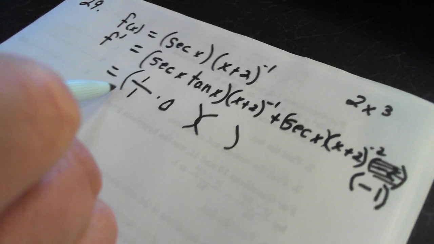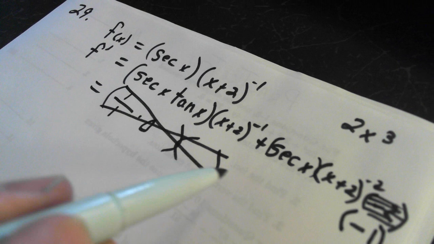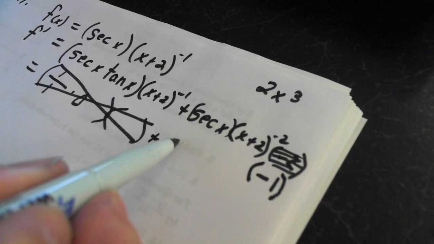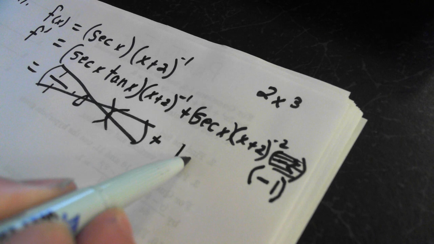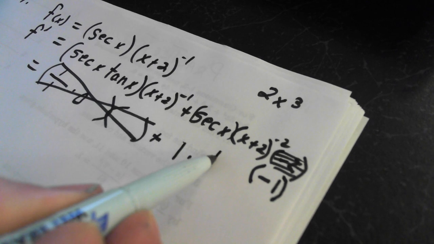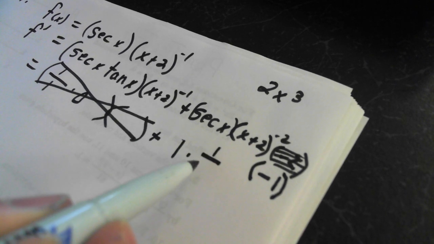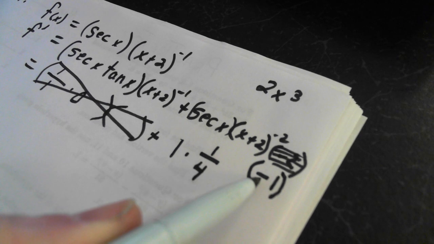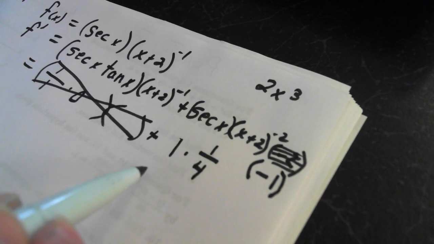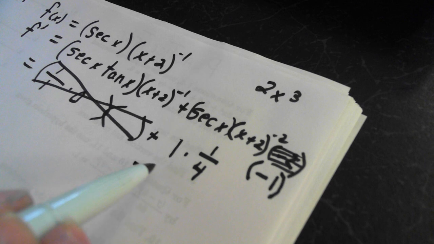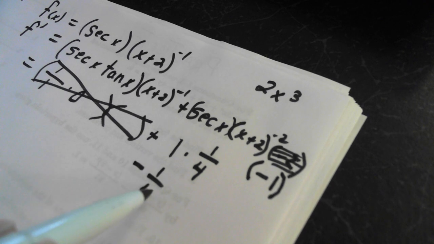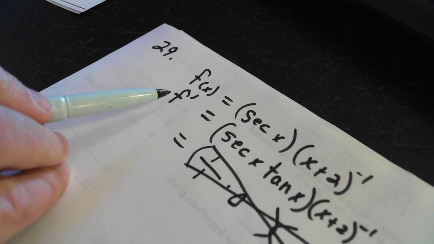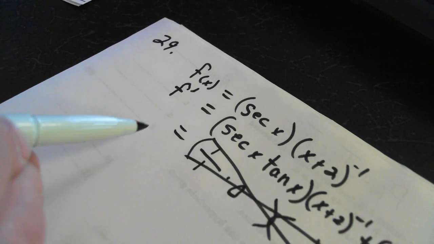I have a 0 there, so I don't even care about that part. Only the back part here. So that's still 1 times 1 over 2 squared, which is 4, and then don't forget the minus. So it's going to be equal to minus 1/4. So the slope at the point we're talking about is minus 1/4.